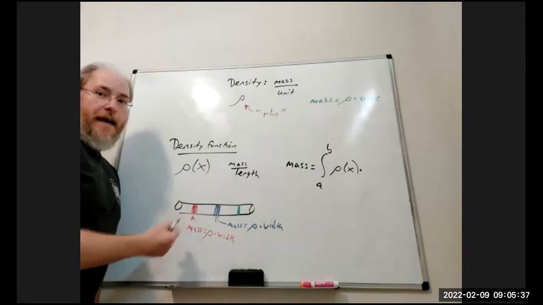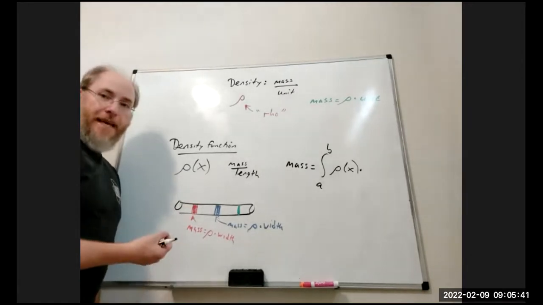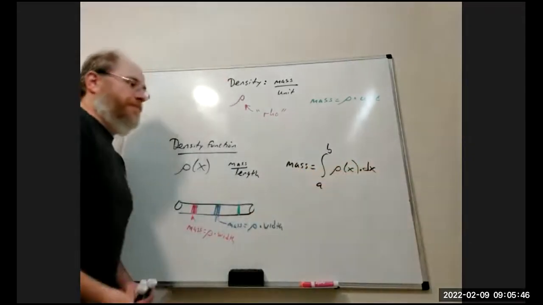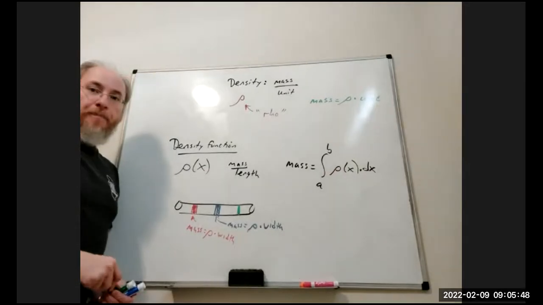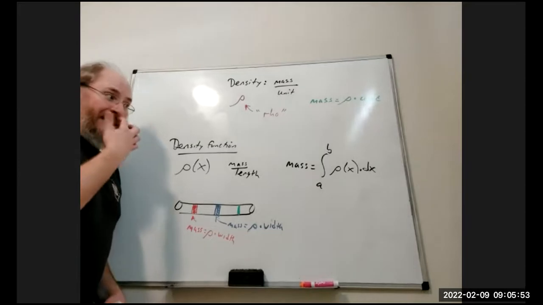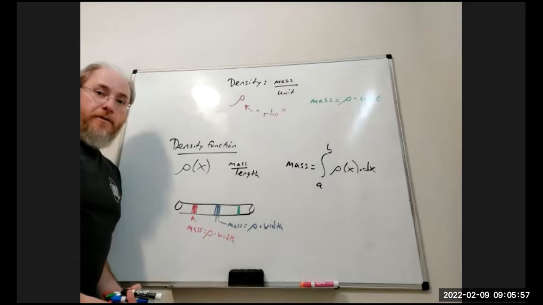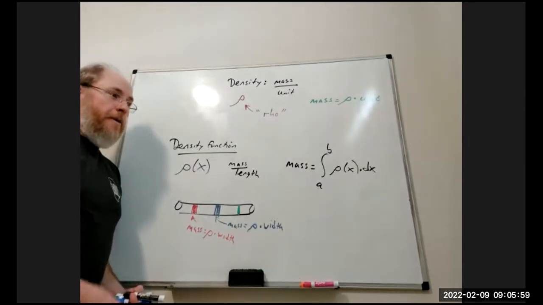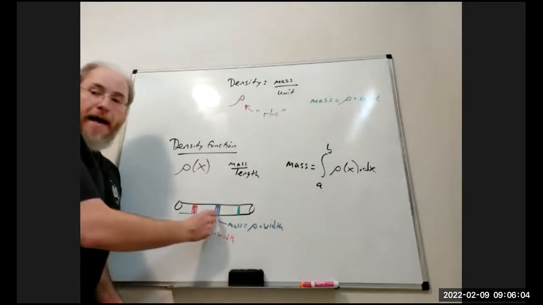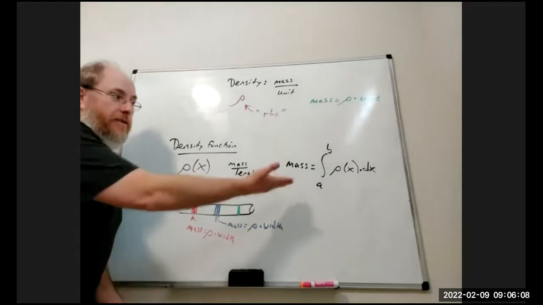But if we allow this to get infinitesimally small, that delta x becomes a dx. So there's a really simple example of an integral where we would use integrals in a physical application. But again, notice what we're doing. We're adding up things. We're adding up mass chunks. And so because we're adding up mass chunks, we need our integral.